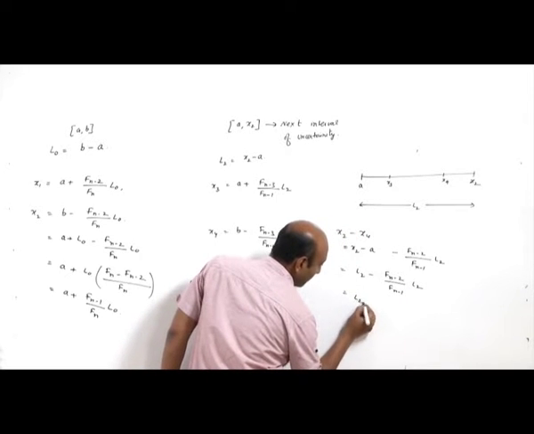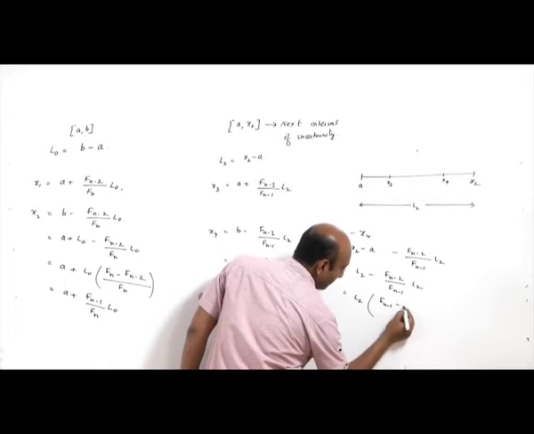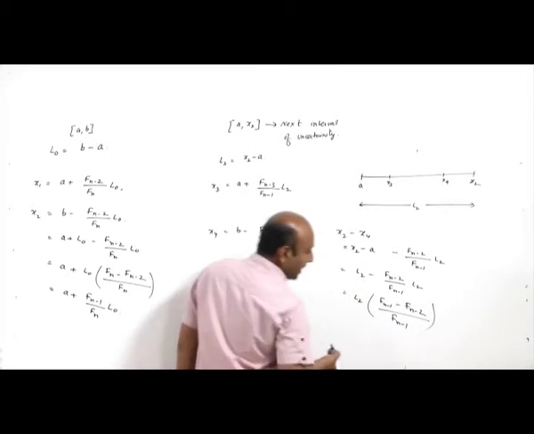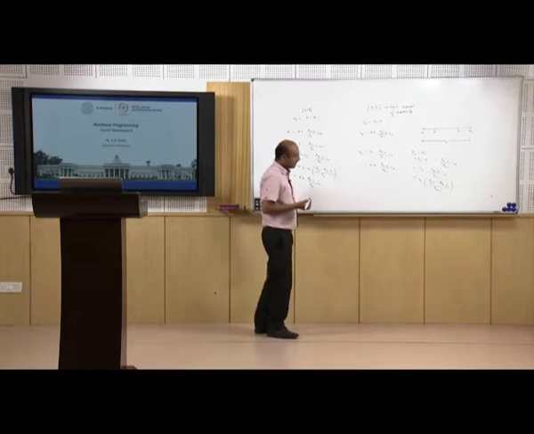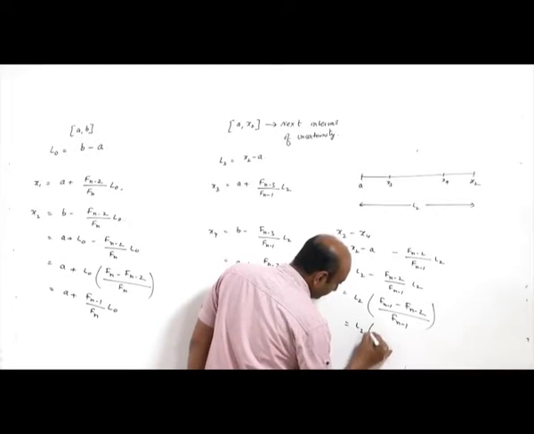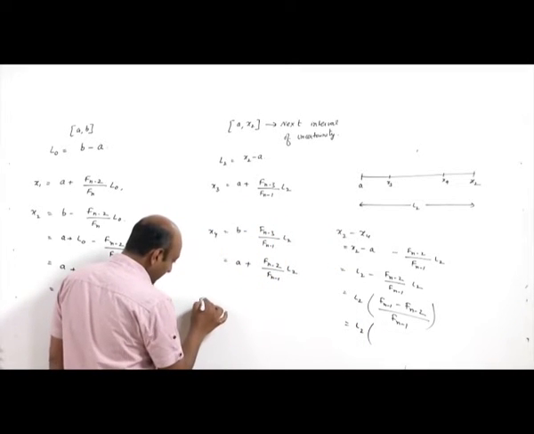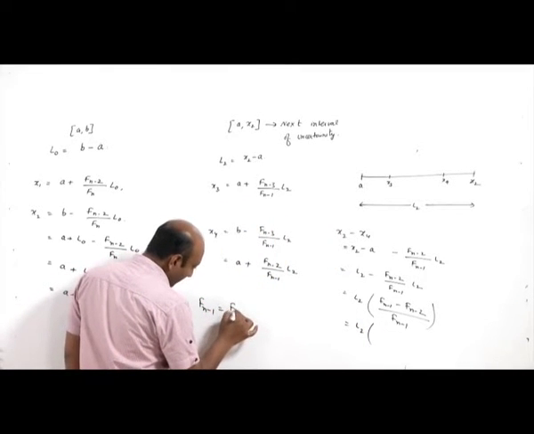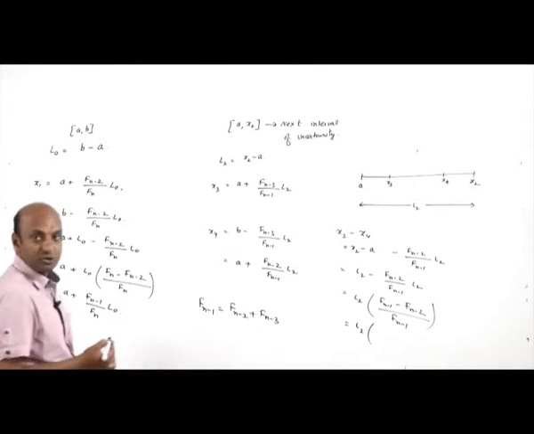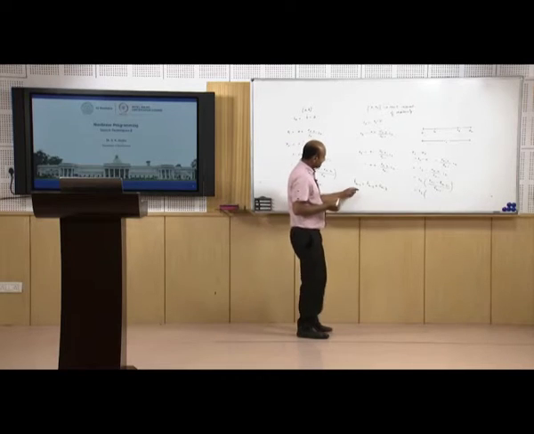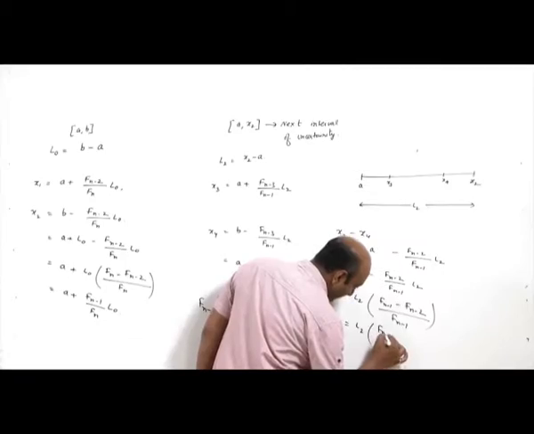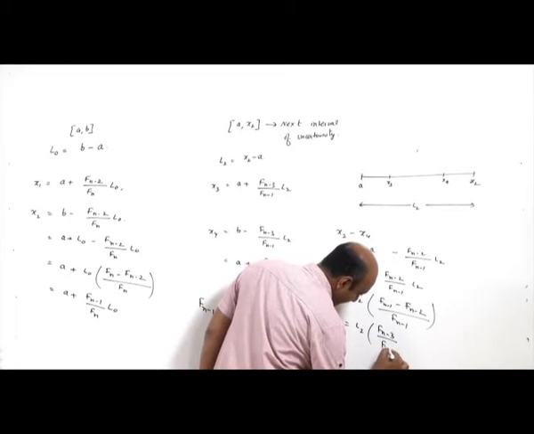If you take L2 common, it is Fn minus 1 minus Fn minus 2 upon Fn minus 1. Again, since it is a Fibonacci series, Fn minus 1 equals Fn minus 2 plus Fn minus 3, the sum of the previous two terms, and from this Fn minus 1 minus Fn minus 2 is Fn minus 3 upon Fn minus 1.